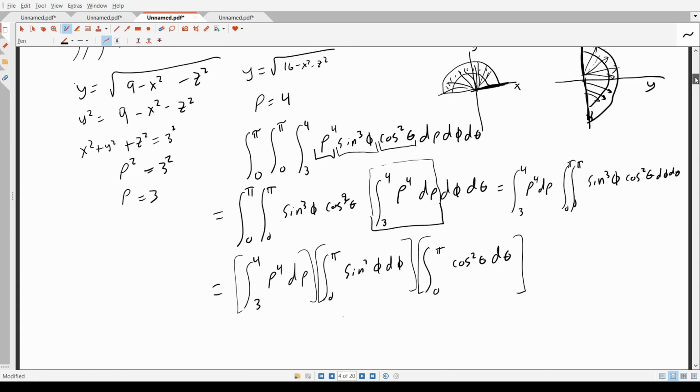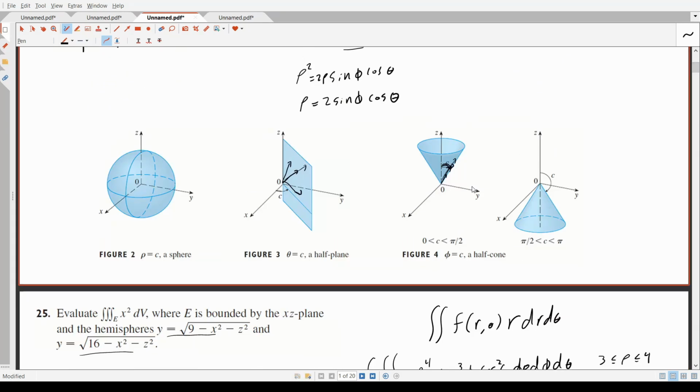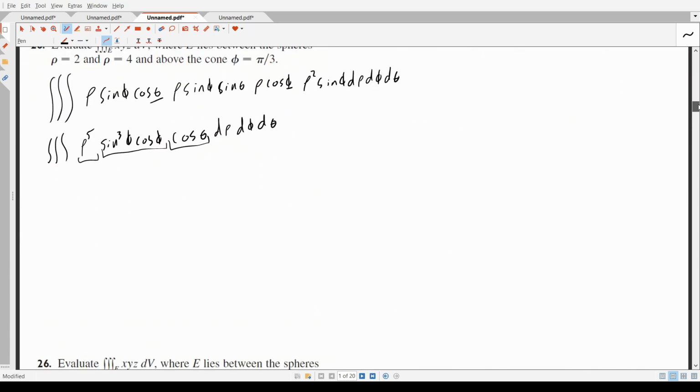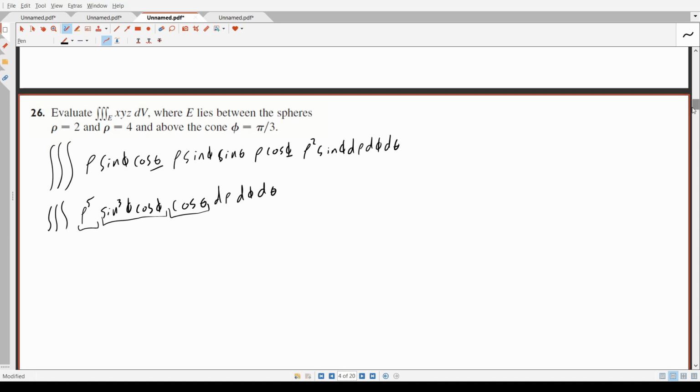If we remember up above, for a constant phi, it forms a cone. So here, if I look at this from, say, this is the x-axis and this is the z-axis, we have this cone here, and this angle is pi over 3.